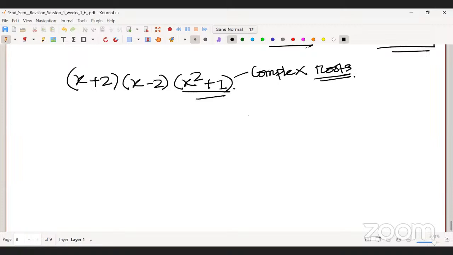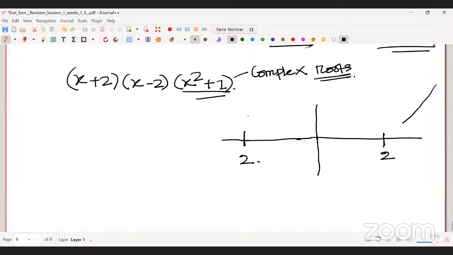One thing you can say is that certainly it has two real roots, like -2 and 2. It will come like this, cut the x-axis and go below.